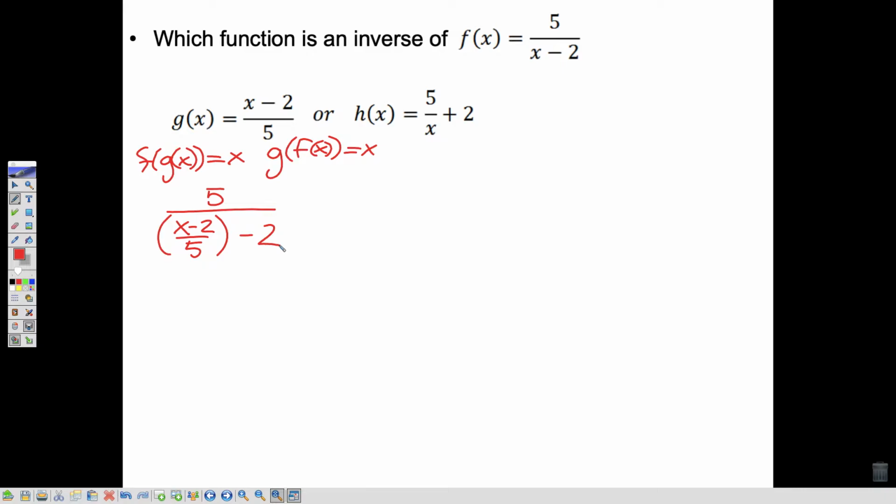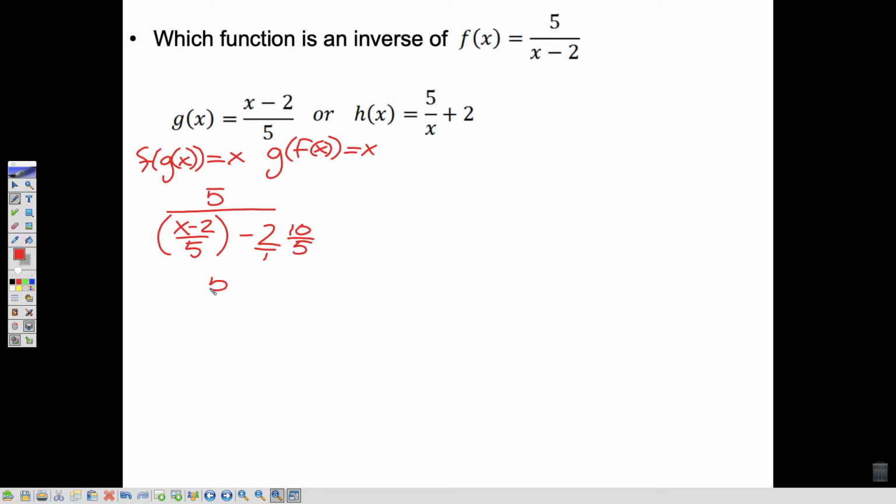We do need to get over our fear of fractions because you're going to have lots of them and you need to be able to deal with them accurately and fairly quickly. I need to get common denominators in the denominator, and that is going to be 5. So this is 2 over 1, so that becomes 10 over 5.